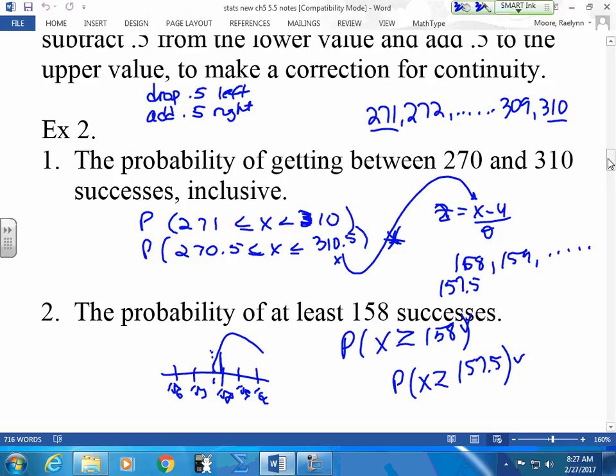Probably doesn't make sense yet, but think about it this way. Discrete numbers are whole numbers. What kind of number is in your normal curve? What is that number line? Is that a discrete or a continuous line? When I make my normal curve, is that a discrete number or a continuous line?